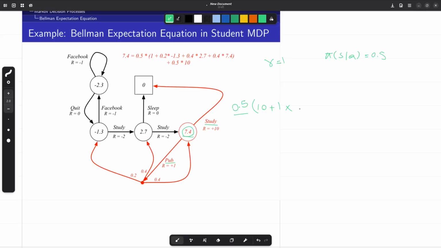the probability of going to the next state. So in all of the cases, when we choose study, we end up in this state.